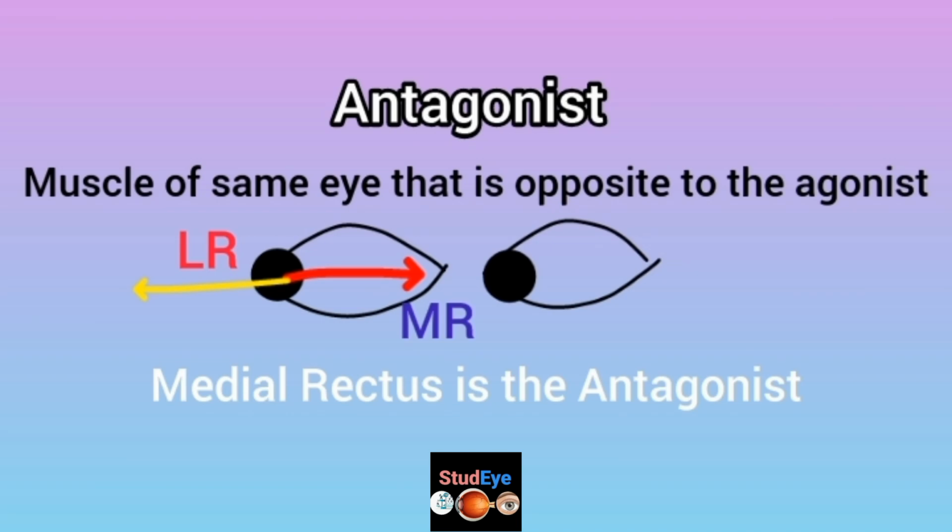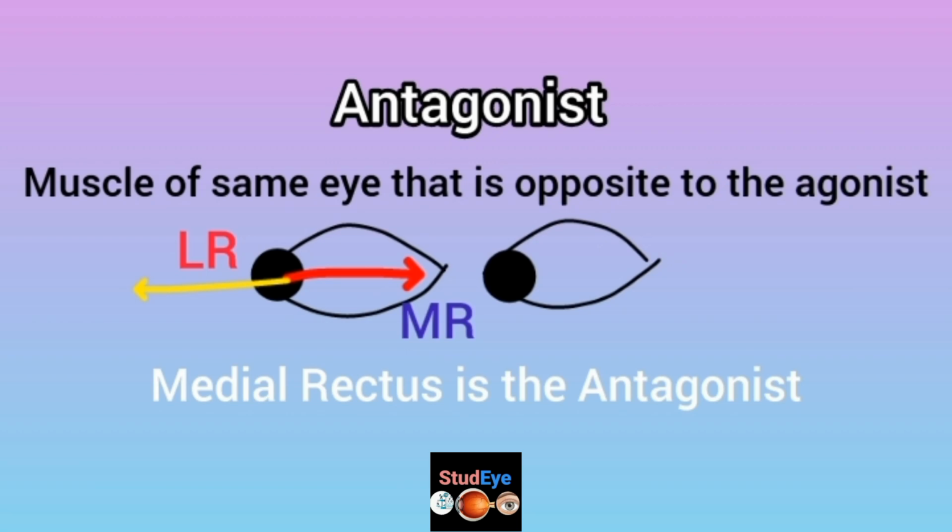Okay, so next we have the antagonist, right? The antagonist is the muscle that opposes the primary mover, the muscle that was performing the action. On its opposite side is always the antagonist, which opposes the action of the muscle performing the action, right?